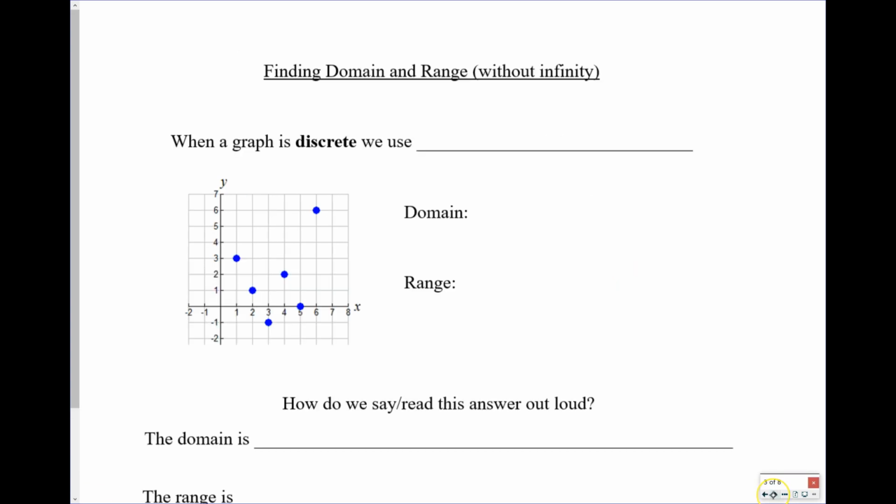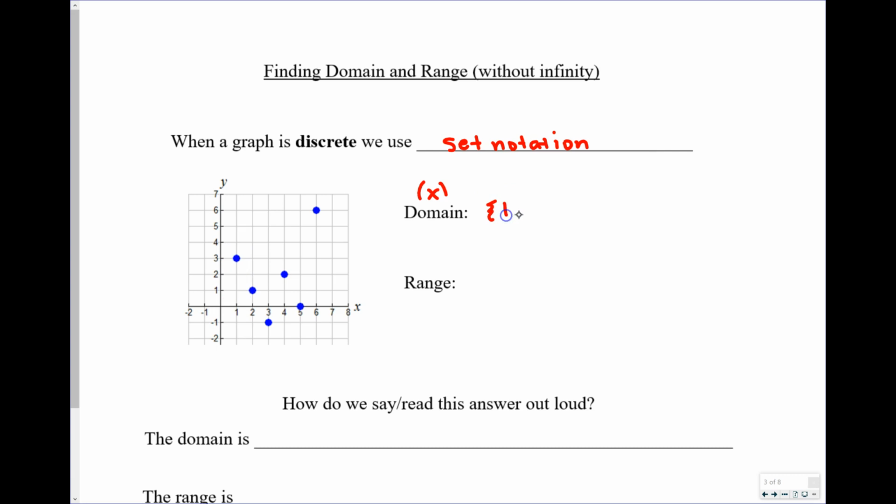Review a second on domain and range of a discrete graph. Last learning target, when we found domain and range of a discrete graph, we used something called set notation. If you remember, the domain is all of your x values. So when I look at this graph and I look at this point, its x value is 1.